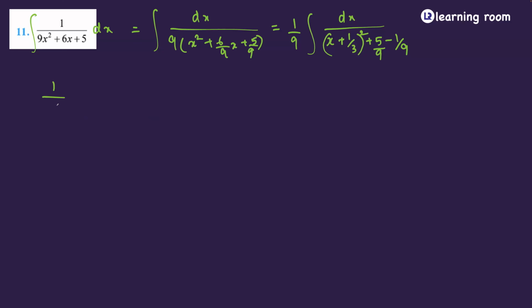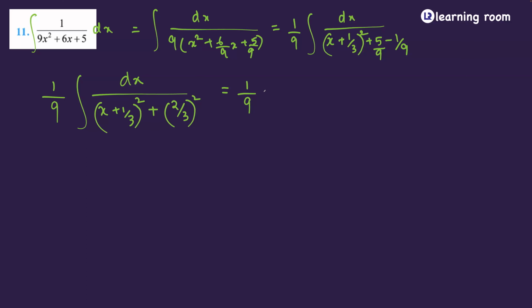So 1 by 9 into integral of dx divided by (x plus 1 by 3) the whole square plus 4 by 9, I can write it as (2 by 3) the whole square. So this will be equal to 1 by 9 into 1 by a tan inverse of x by a, where 1 by a is 3 by 2.